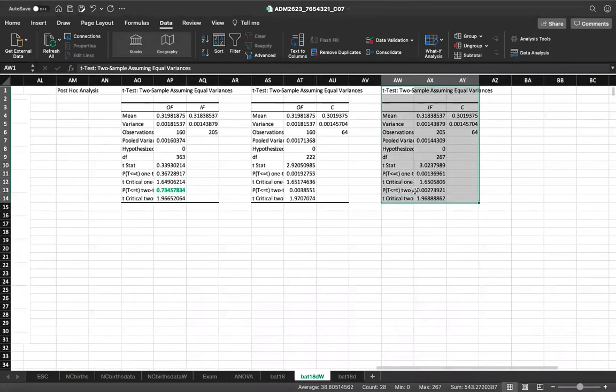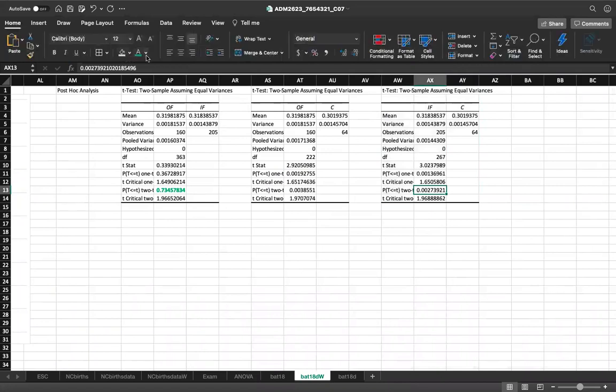So we have done the pairwise t-test to check where these differences are coming from. So we see that the difference is significant for OF outfielders and the catchers, and the infielders and the catchers.